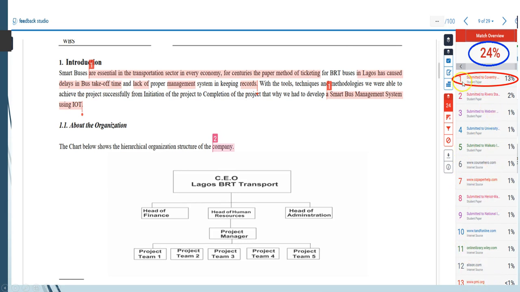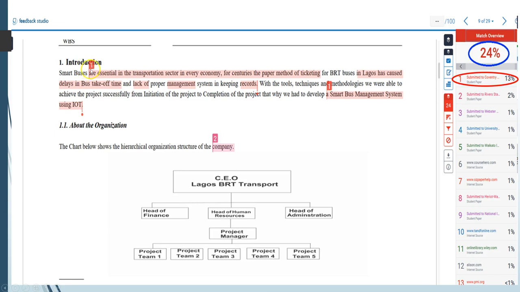But the big problem for this particular submission will now be this particular one, 13% matching a student paper. And depending on the size of the submission, even 2%, 1% could matter. So now let's have a look at what these actually represent.